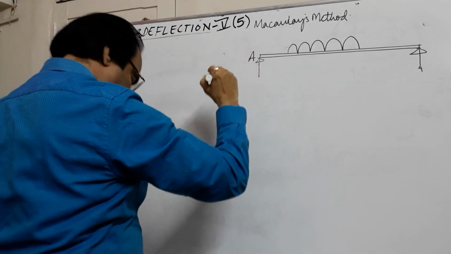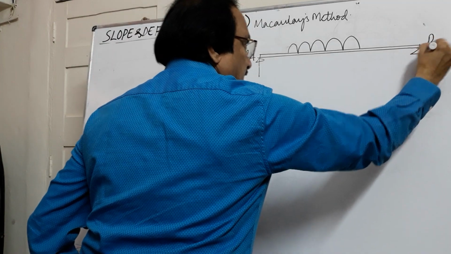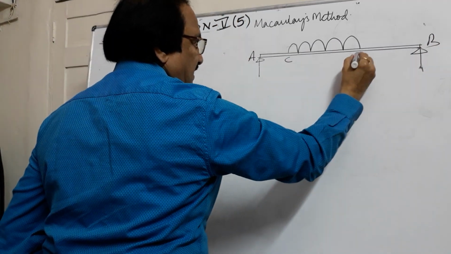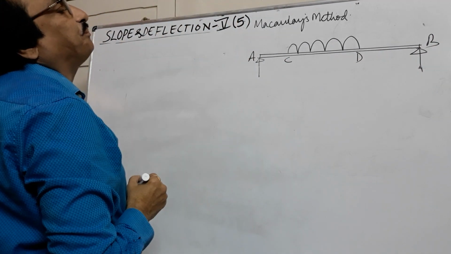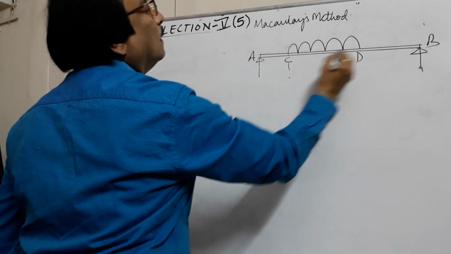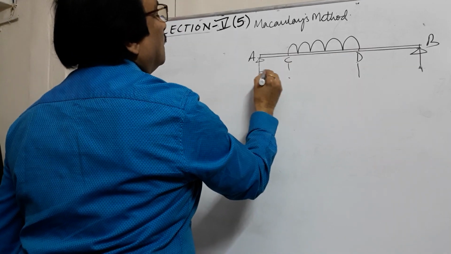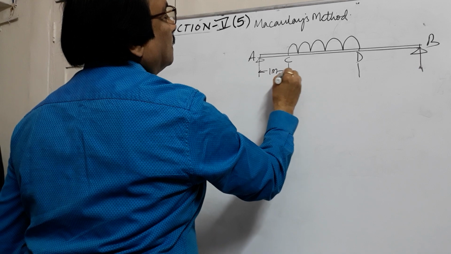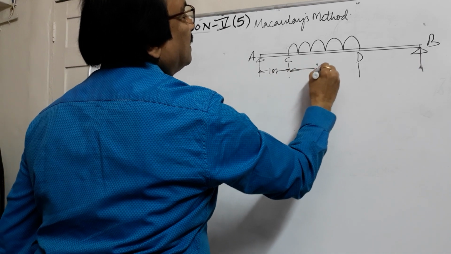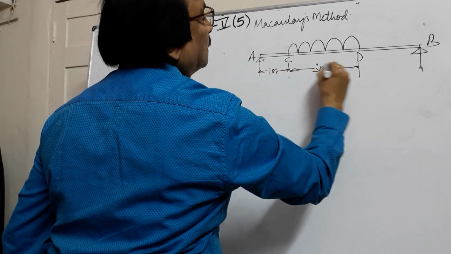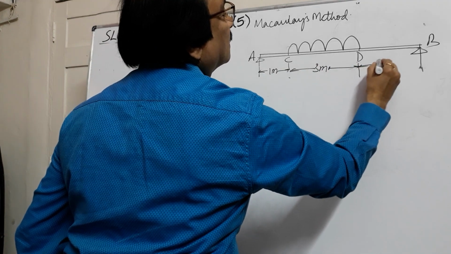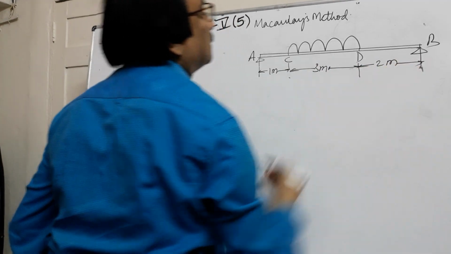This is A, this is B. Let us call this end C, this end D. This is 1 meter, this is 3 meters, and this is 2 meters.